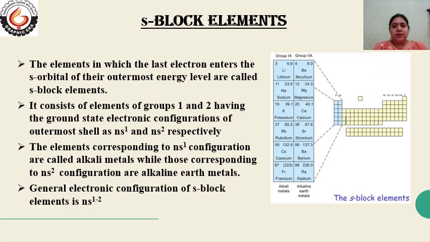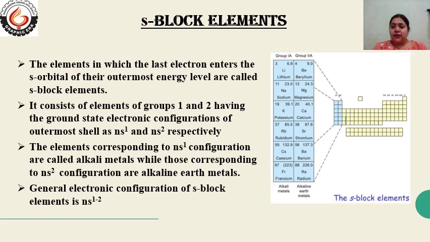First we will discuss the s block elements. The s block comprises the first two groups, that is group 1 and group 2, or in the older version group 1A and group 2A.